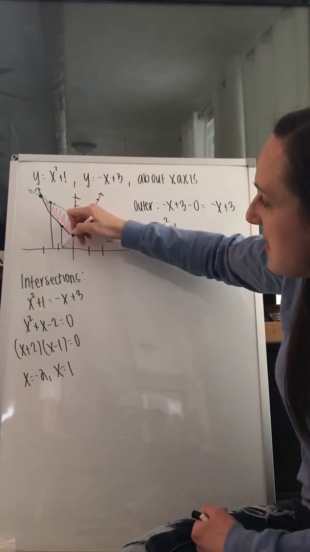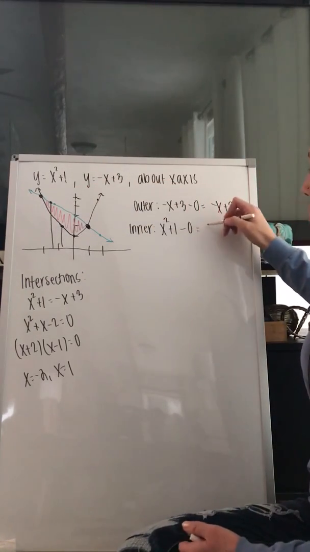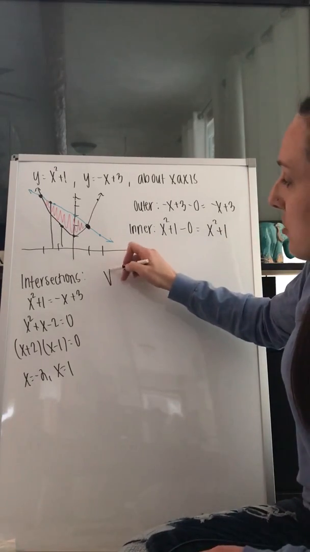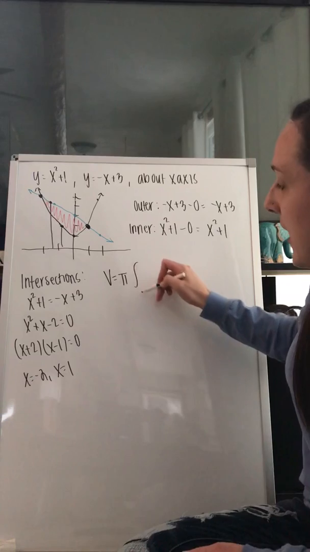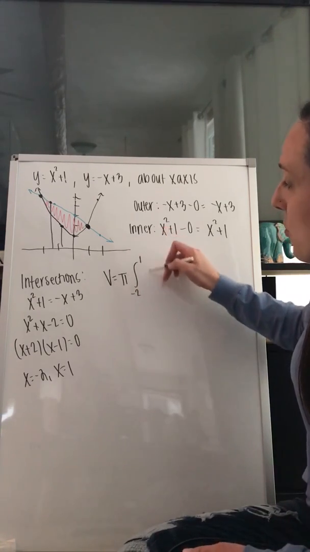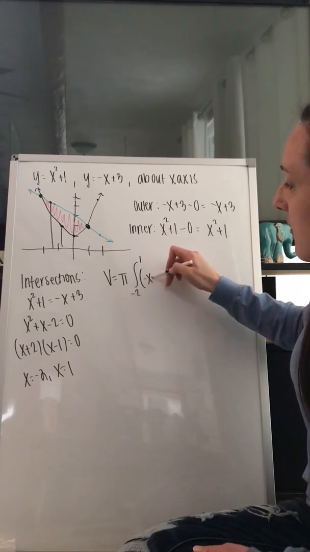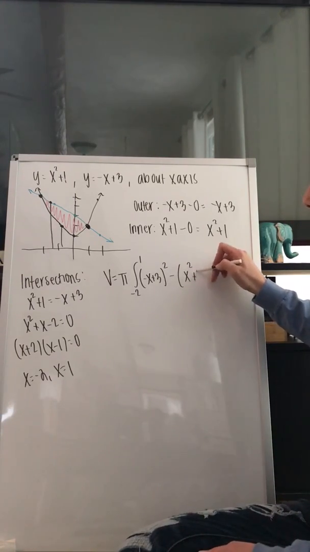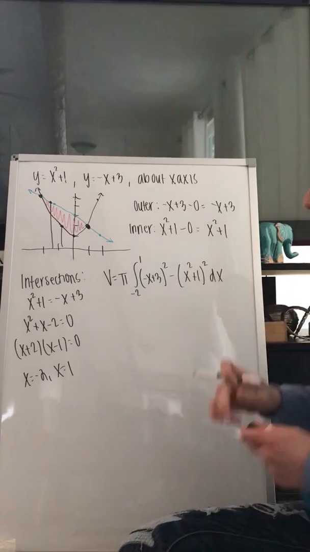Again, bring that radius down, minus my axis of rotation of 0, so x squared plus 1. So when I go to set up my integral, my volume is going to be equal to pi times the integral from negative 2 to 1 of my outer, negative x plus 3, squared, minus my inner, x squared plus 1, squared, times delta x.